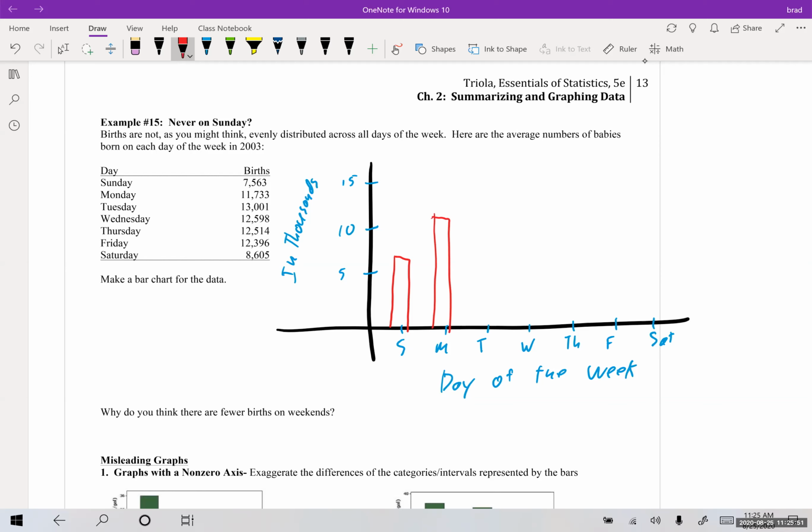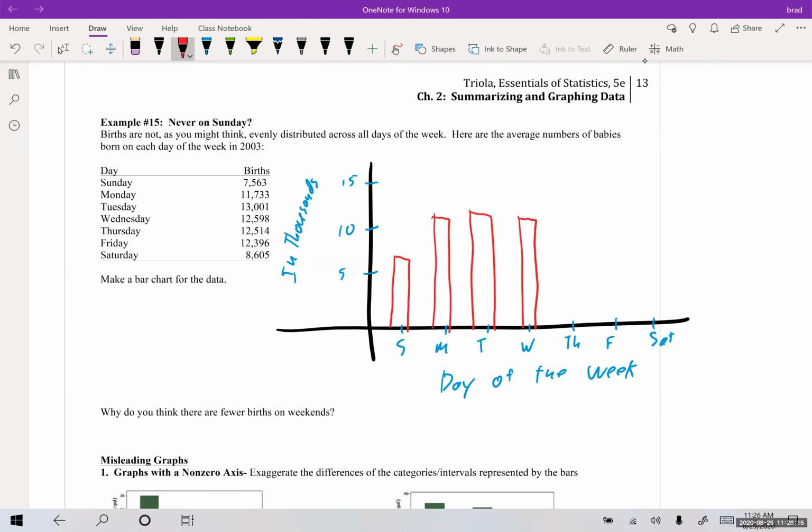Tuesday there were 13,000, so that's going to be a little bit above this. And on Wednesday there were 12,500, almost 12,600, so that'll be a little bit above the 11,700. So maybe right about here.